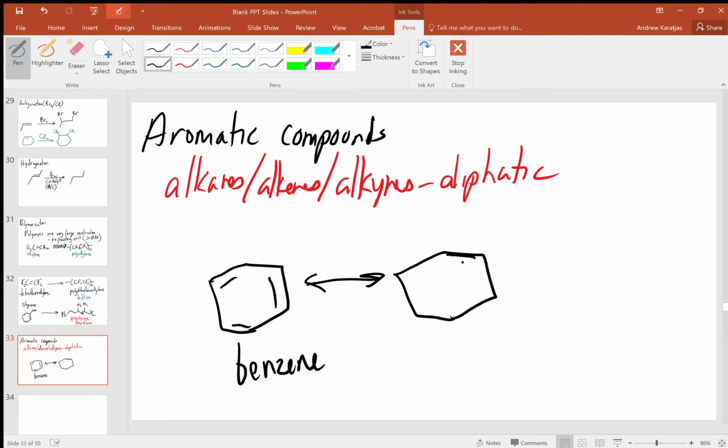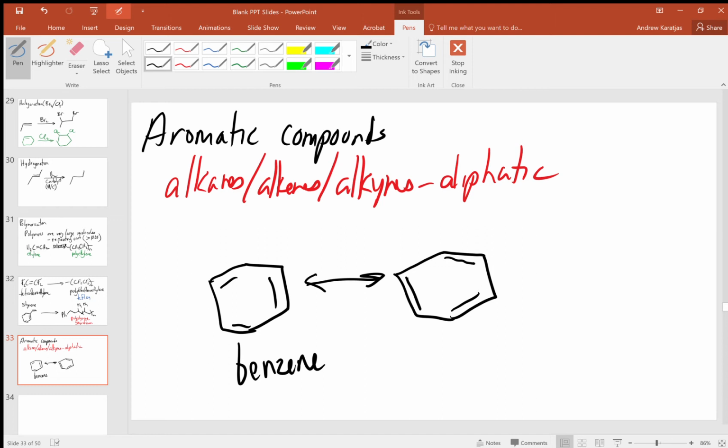And that resonance structure is where the double bonds are shown as being at the other carbons, or the opposite positions within the 6-membered ring. And it took a long time to figure out, but what they eventually realized was that benzene, or any aromatic ring, isn't actually an alkene.